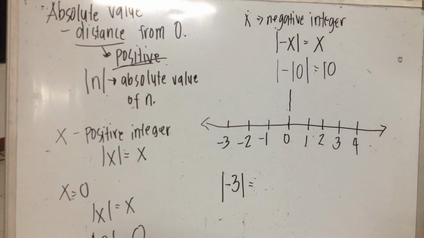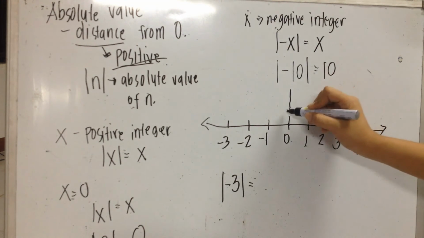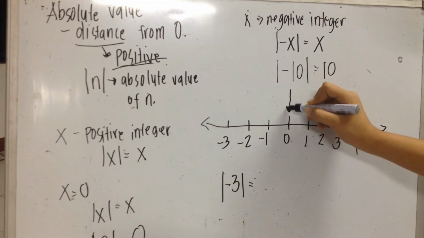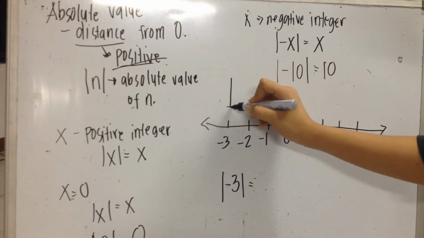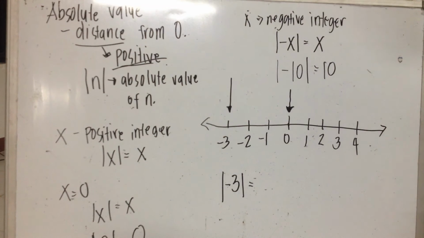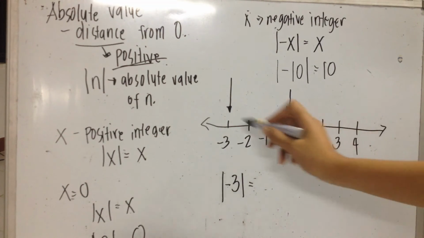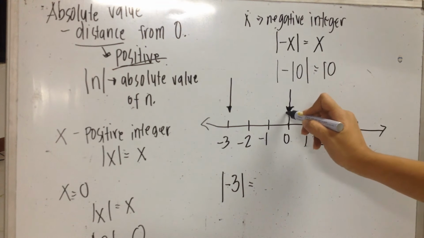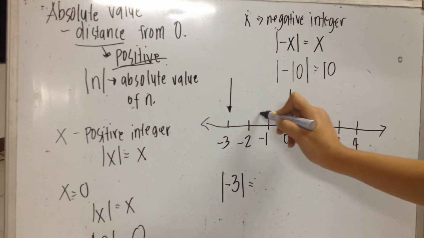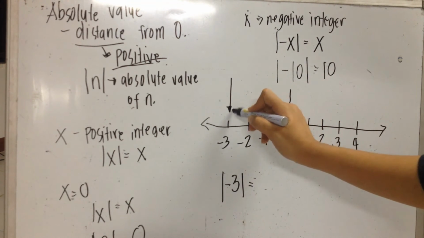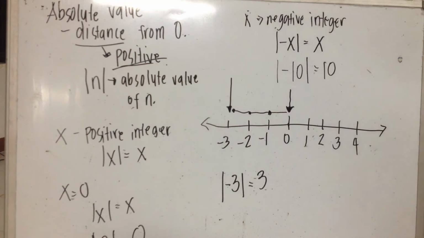And then, nasaan ang ating negative 3? Ito siya. So, ngayon, ano ang distance niya from 0 to negative 3? So, we will count 1, 2, 3. So, the answer here is 3.